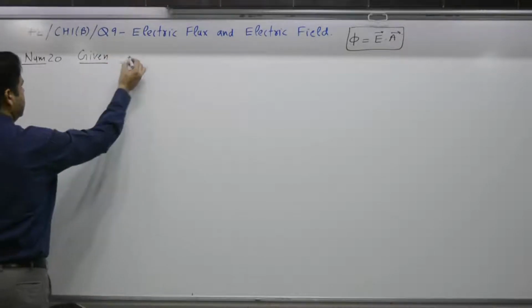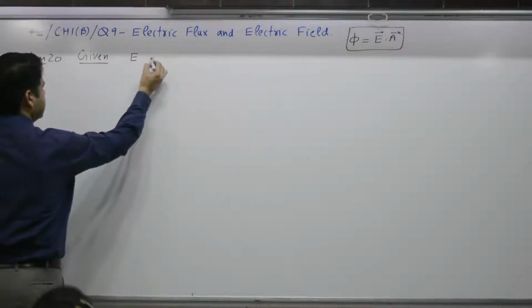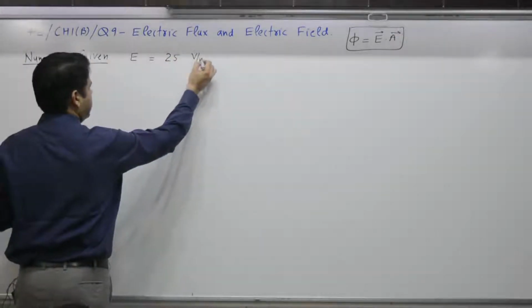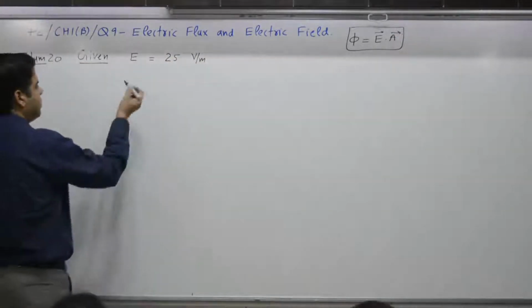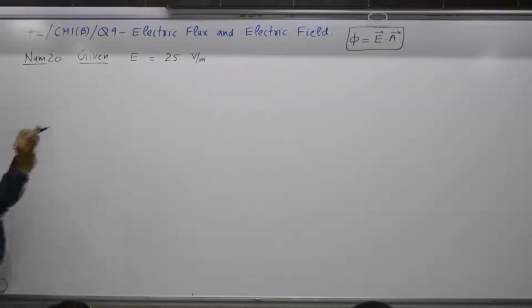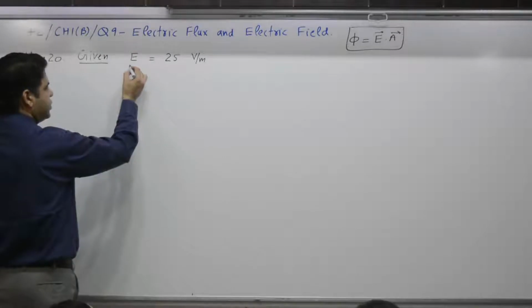Given is, E is given. How much? 25 volt per meter, or you can say Newton per coulomb, SI units given. Direction given? We will write it, not an issue.